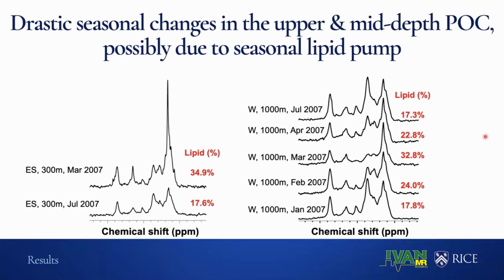In addition, the copepod population is most abundant during the springtime, following the peak of the phytoplankton. The timing is also consistent with when we observed these changes. This is the first direct observation of the lipid pump contributing to the POC flux. We think it's pretty exciting.